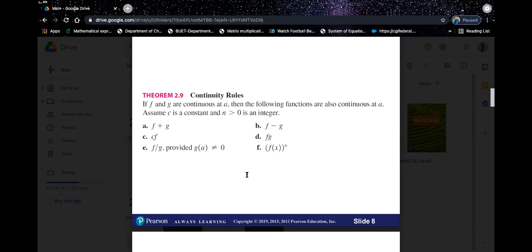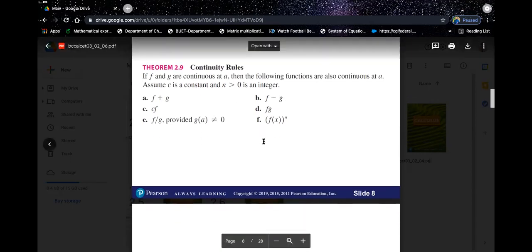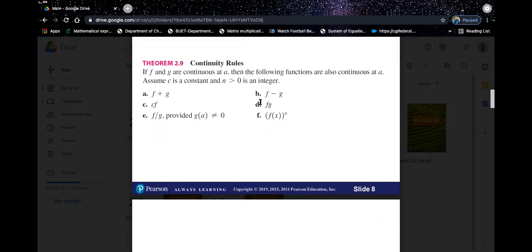If that's the case, then we can use the following as well. So if both f and g are continuous at a, then if we add those two functions, that will also be continuous at that point a.